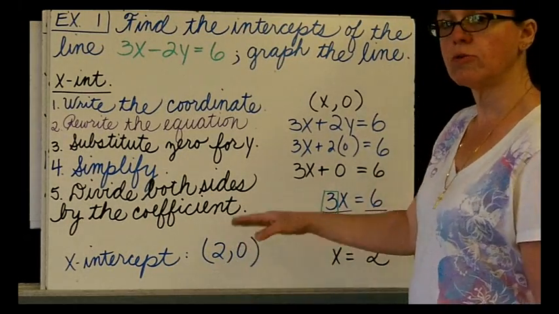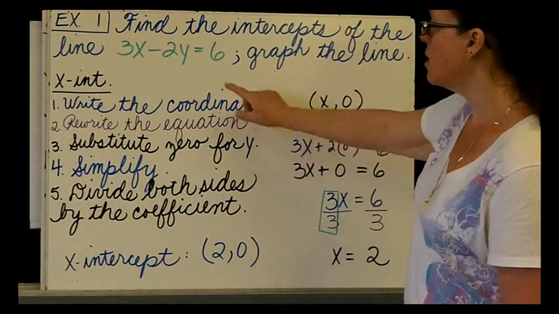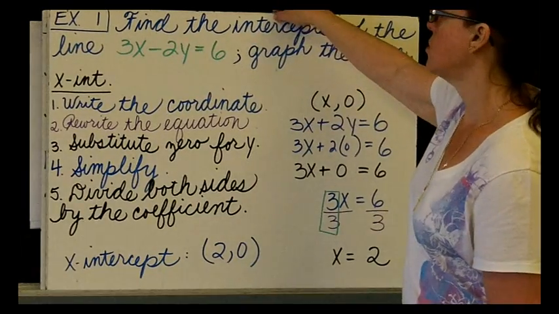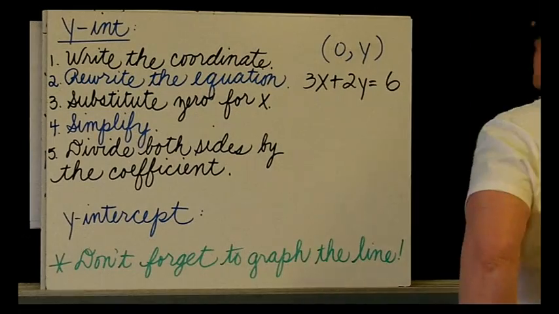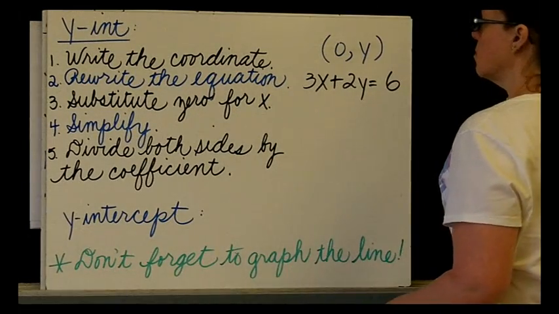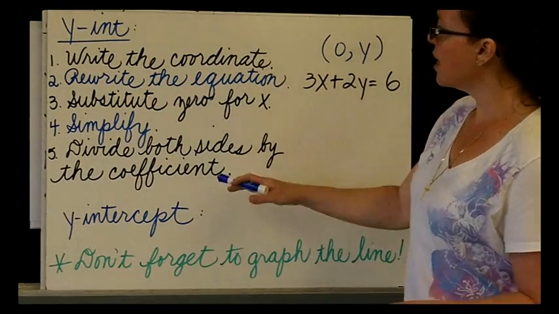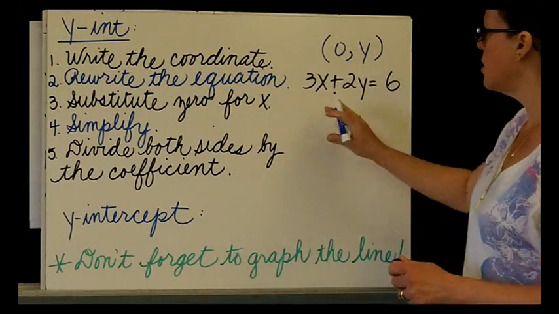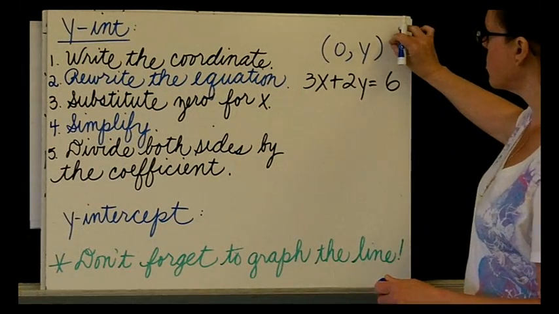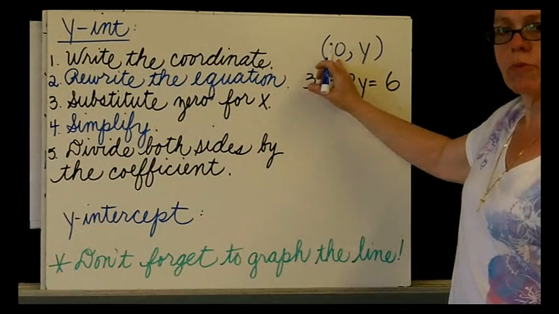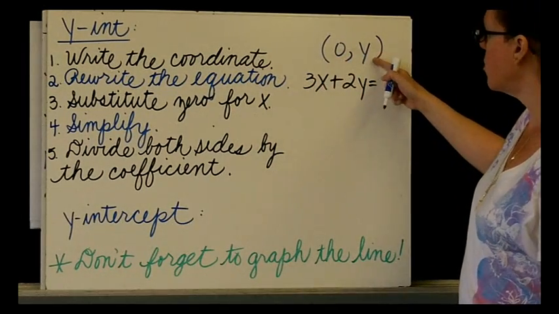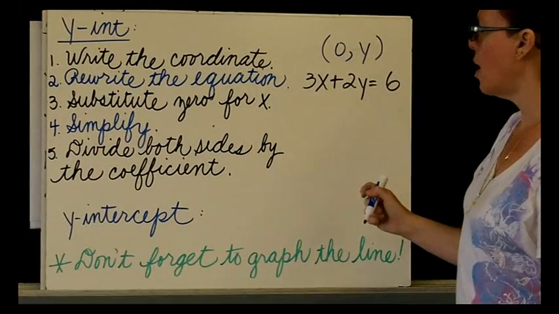Now what we're going to do is follow these same steps to get the y-intercept. So we see the steps are exactly the same. The only difference is here. First, I copied my coordinates, so here we're putting in a 0 for the x, and we're putting y in just for y.